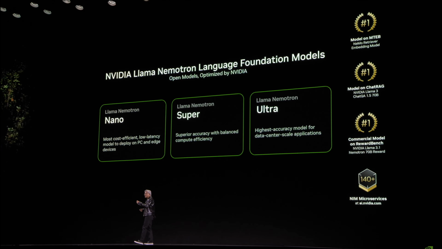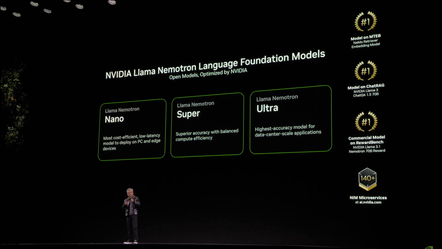And so we fine-tune them using our expertise and our capabilities, and we turn them into the Llama Nemotron suite of open models. These models are incredible. It's a number one in leaderboards for chat, leaderboard for instruction, leaderboard for retrieval. So the different types of functionalities necessary that are used in AI agents around the world, these are going to be incredible models for you.